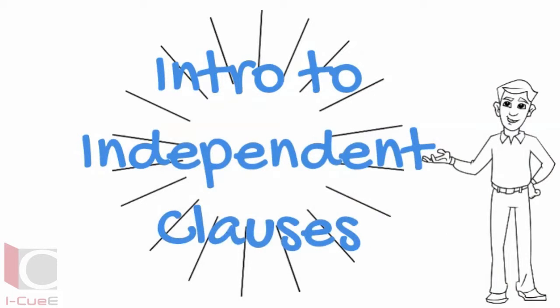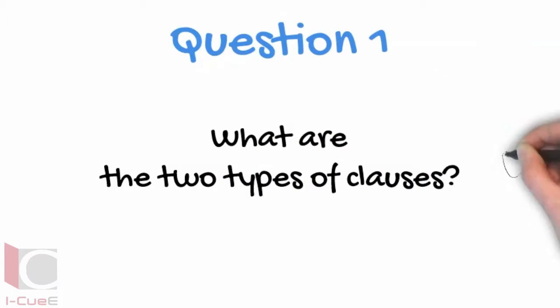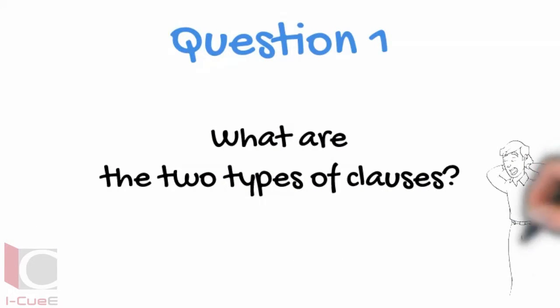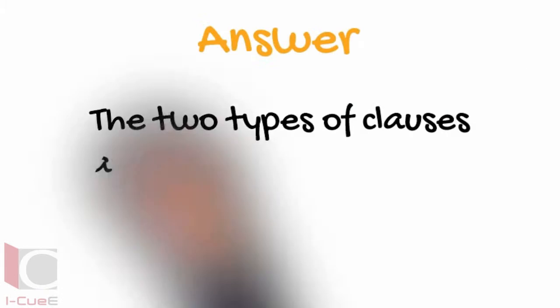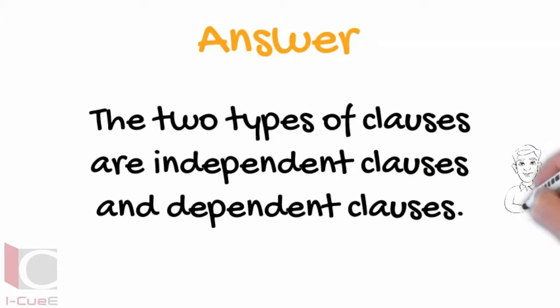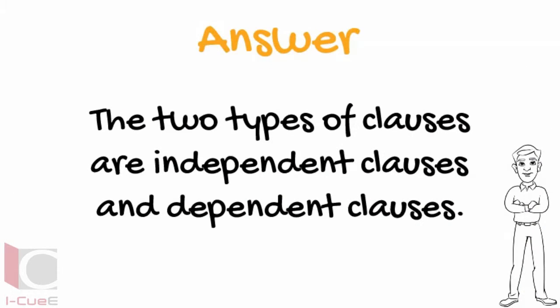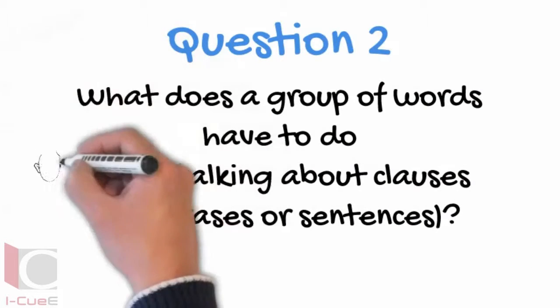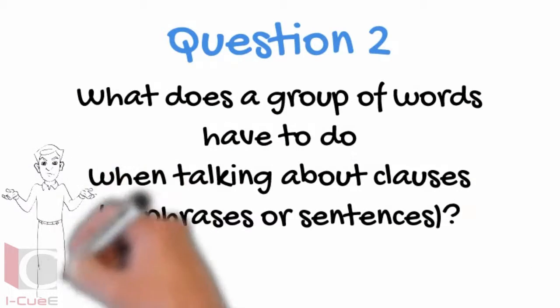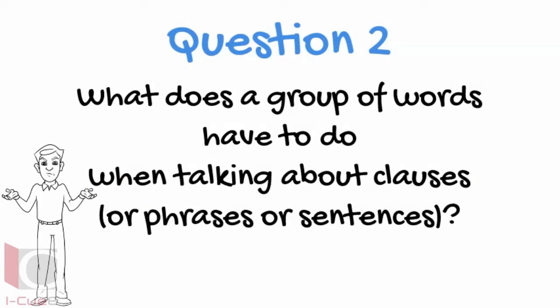Intro to independent clauses. What are the two types of clauses? The two types of clauses are independent and dependent. What does a group of words have to do when talking about clauses, or phrases, or sentences?